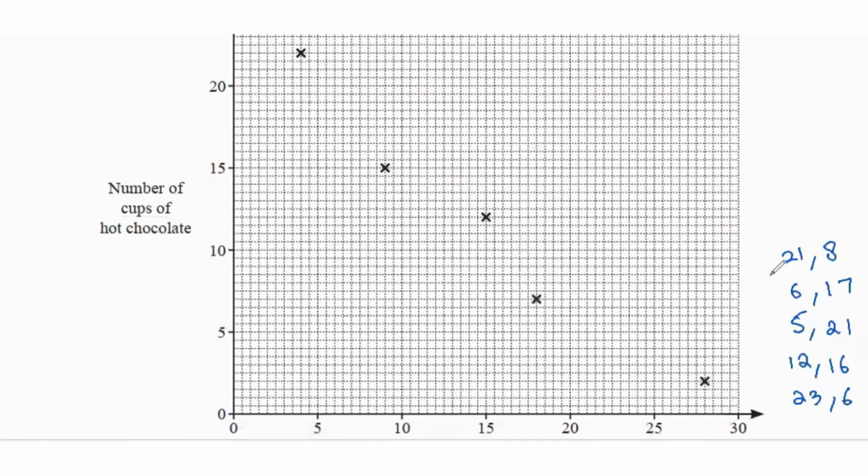Okay. So 21 and 8. This is 21 and this is 5, 7, 8. And 8 is coming over here. 21 is, this is your 21 and 8. 6, 17. This is 6, 17. And 5, 21 is 5 over.